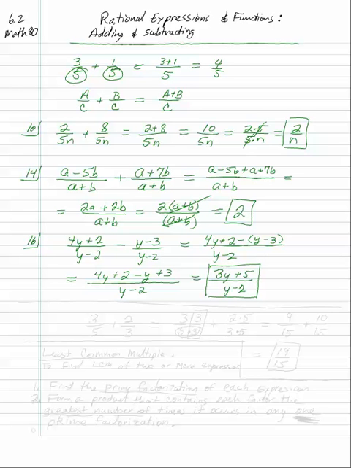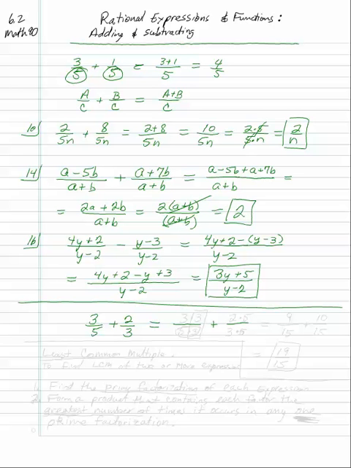Okay, what about if the denominators are not alike? If I wanted to do, say, 3/5 plus 2/3, what you have to do is find the LCD of 3 and 5.